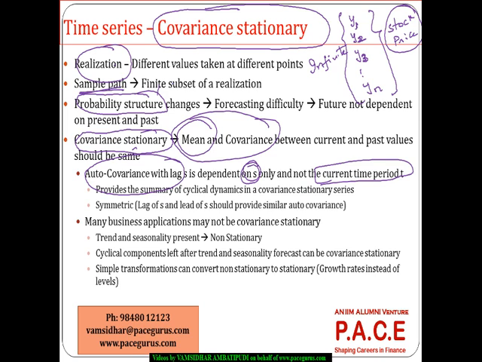Understanding of this covariance stationarity is very important because it provides the summary of the cyclical dynamics. Majority of the times, the data that come as the errors in the regression process are what is left after the trend and the seasonal forecast, and we find that they follow this kind of covariance stationarity.